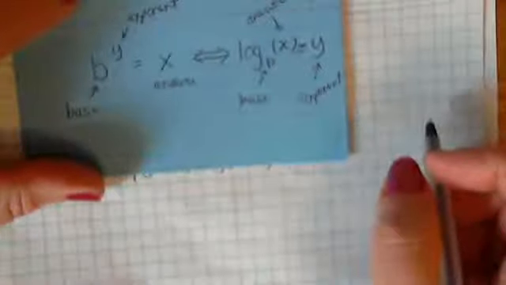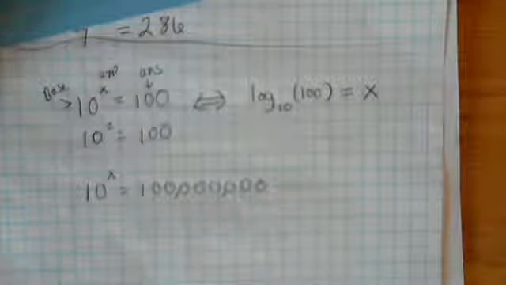If I grab my index card and I rewrite this in logarithmic form, log base 10, because 10 is the base, of, we put the answer in parentheses, the answer 100, equals x. Now I can actually, without guessing that x is 2, solve and get x, which in this case is probably more work than necessary because we know the answer, but I just want to show you one that we do know the answer to.